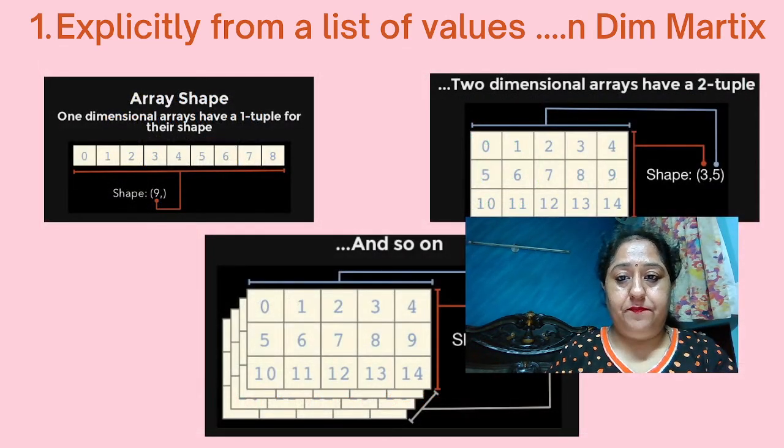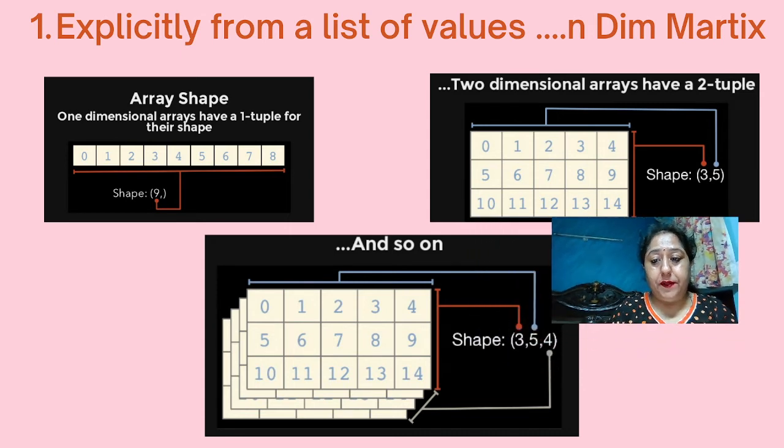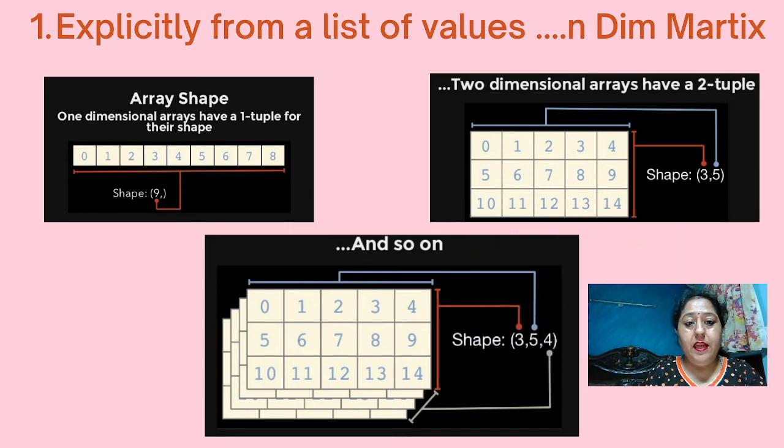Moving further, let us again understand the shape property here. In the case of a one-dimensional array, shape will return you a tuple with value 9, which says that there is only one row and the number of elements in it is 9.